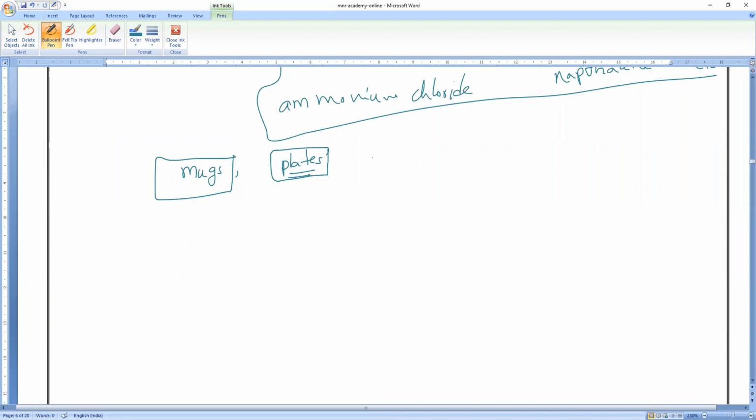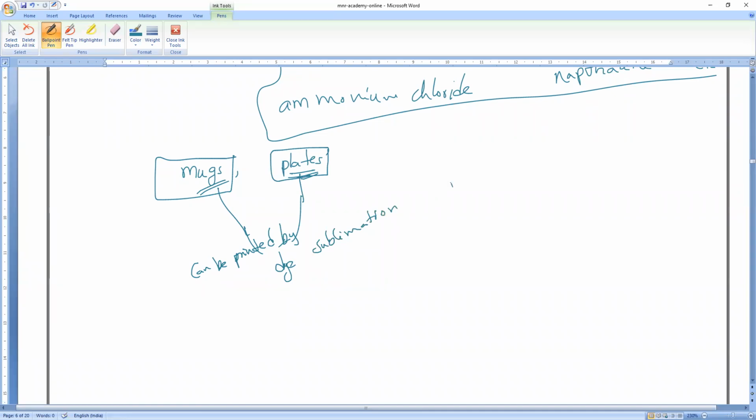How are they printing these designs on mugs, plates and all? They can be printed by the dye. That is a science in life, dye sublimation.